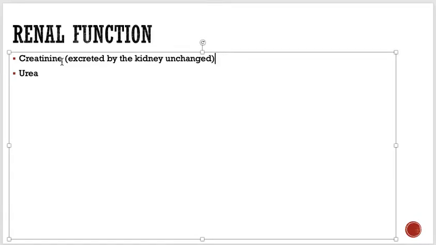Inulin is the best because it goes unchanged and the kidney throws it out. But we use creatinine because it behaves like inulin, except there is some secretion of creatinine, which makes it a little different. That's fine because we don't have any other option.